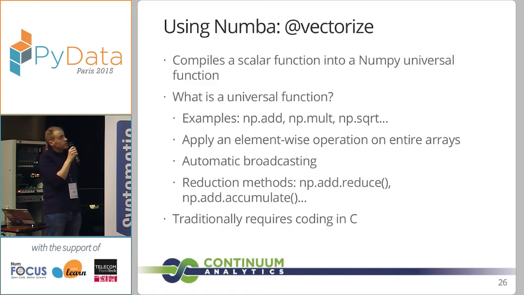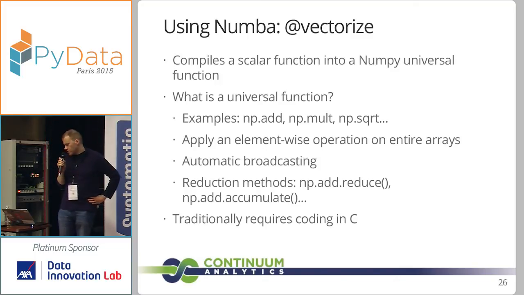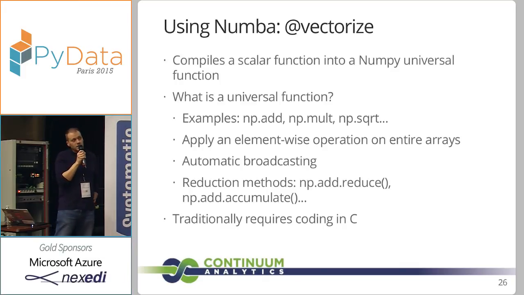So it allows you to apply an element-wise operation on entire arrays, and in your ufunc you only define the element-wise operation. It also enables the automatic broadcasting feature of Numpy. So, for example, if you add a scalar to a Numpy array, the scalar will be added to every element in the Numpy array.